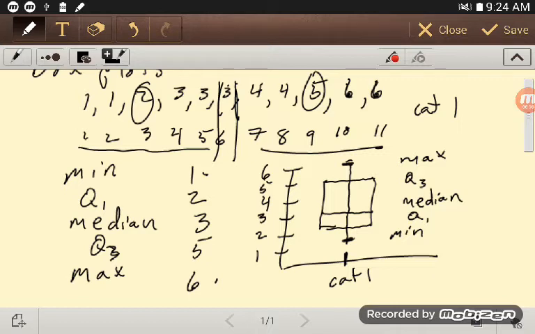But your text uses a different way to compute the top and bottom. What do they do? They talk about outliers, that sort of thing.